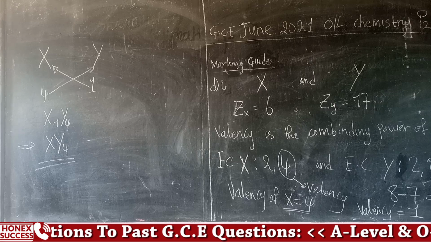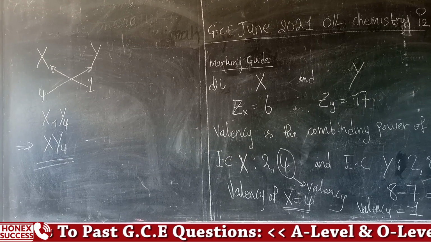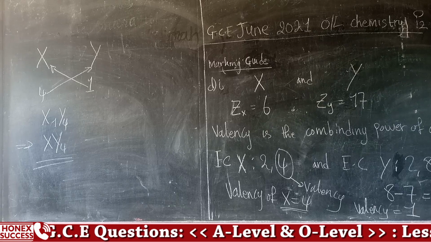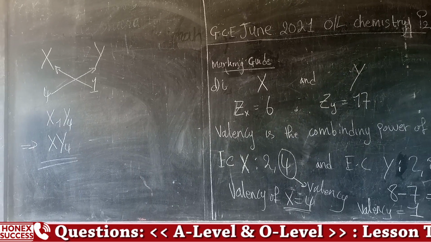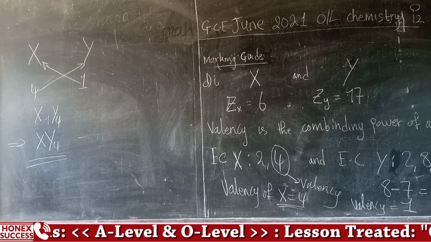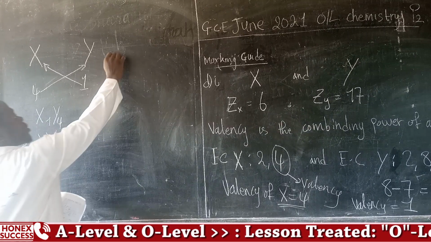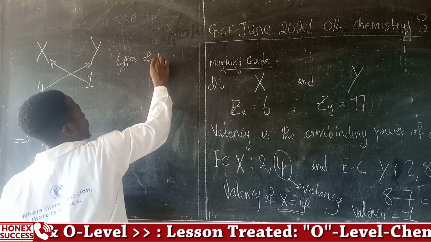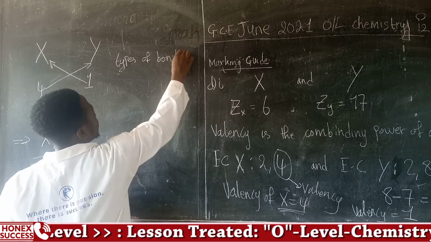Roman 2 says, identify the bond type in the compound in Roman 1 above. Now, talking about bonds, we have to know that there are 2 types of bonds.